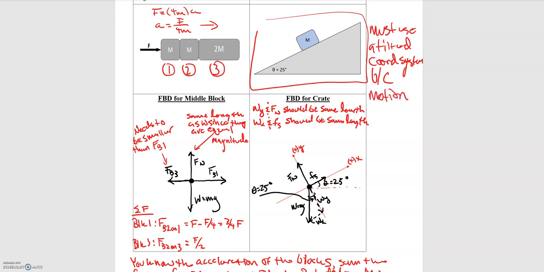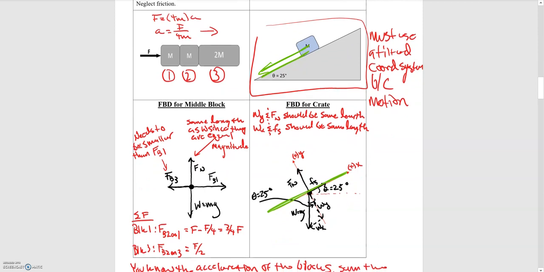Whenever you have motion at an angle, whether it's at a decline or going up an incline, you must rotate your coordinate system so that it matches the incline. The reason we do that is that it forces our coordinate system to match the motion.